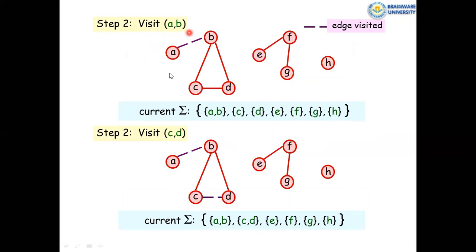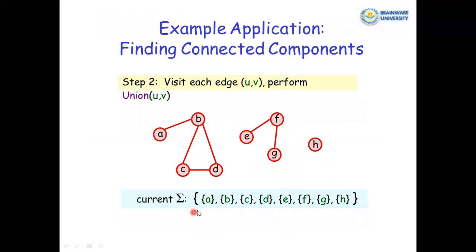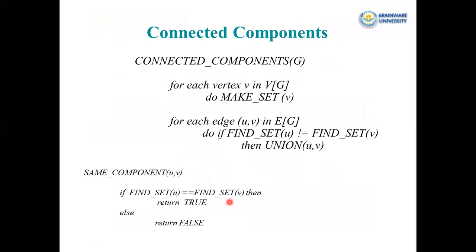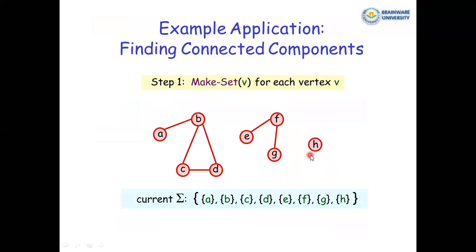Then in step 2, we visit ab. First we choose ab from the edge set and check whether find set u is not equal to find set v, that means a is not equal to b.